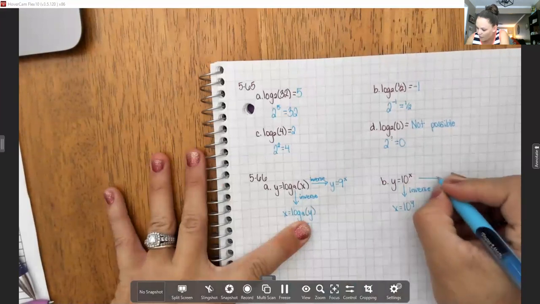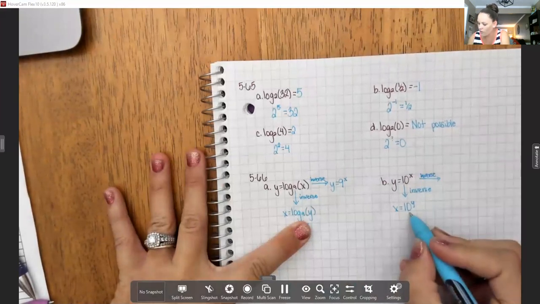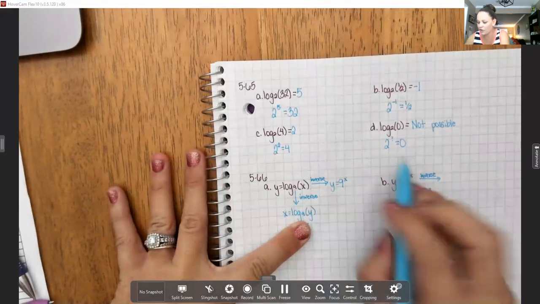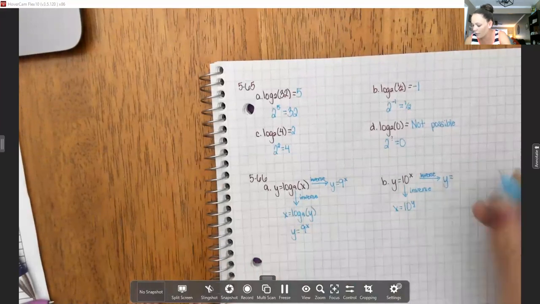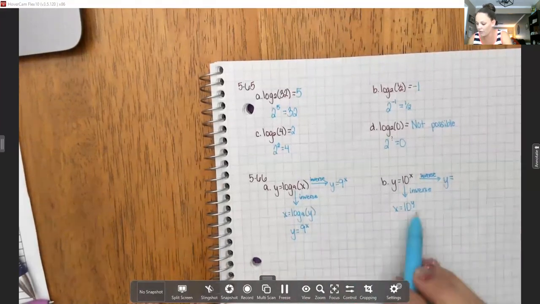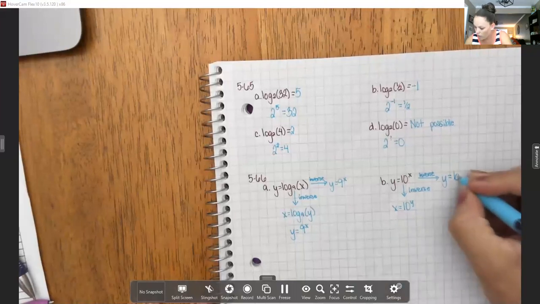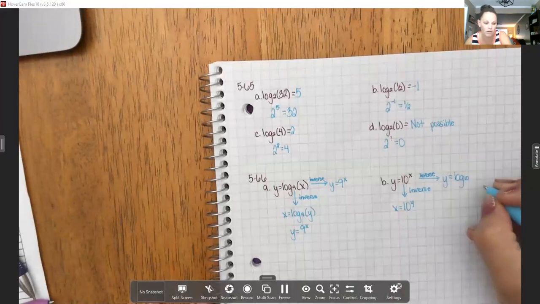Same thing here. If I want the inverse in y equals form, here it's an exponential form. If we want to go to log form, it's going to be y equals, remember the exponent, that's the number that ends up by itself. Log, whatever the base of the exponent was, that's the base of the log.